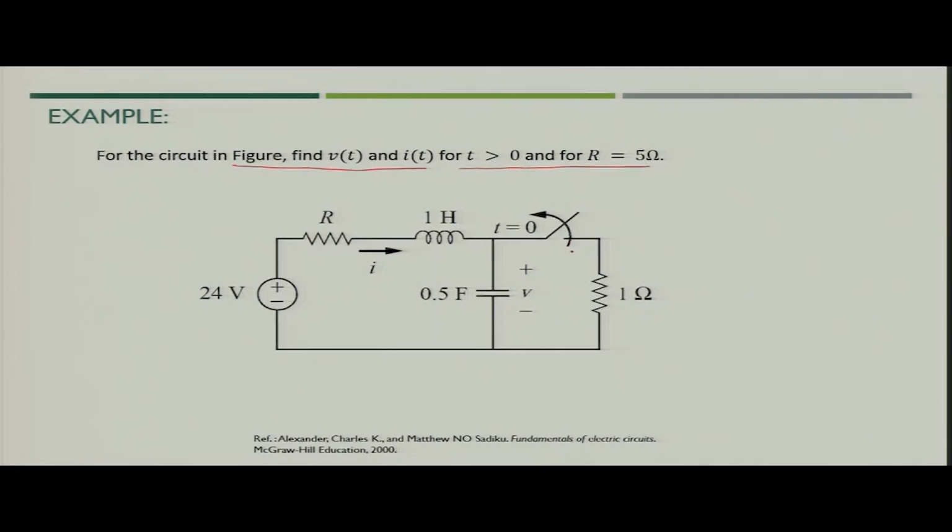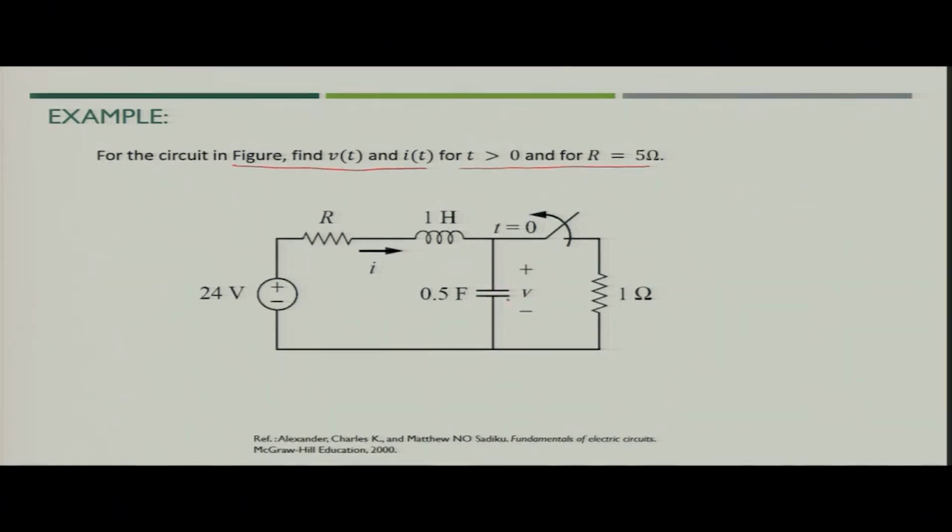If you see this figure, when the switch is initially closed for time t less than 0, the inductor acts as a short circuit because the switch has been connected for a very long period, and the capacitor acts as an open circuit because it will be charged to a certain value.